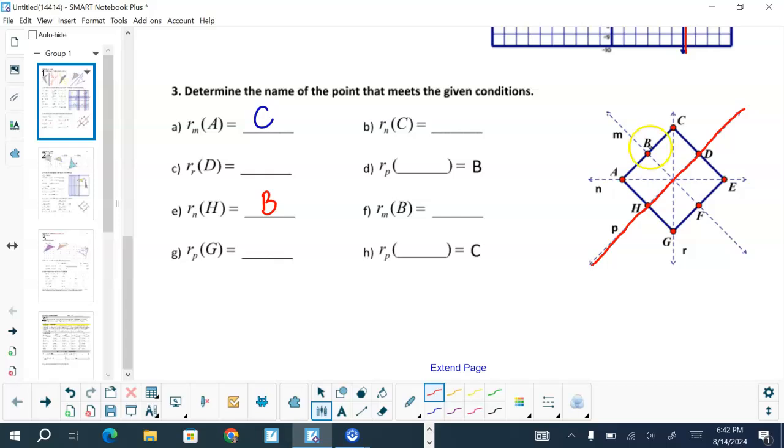So it landed at B. What point, if I took my patty paper here and I folded it along that line P, what point did they reflect to land onto B? Hopefully you're seeing it's F. So it works the same way. It's just the notation is different here because they're asking you to think about this a little bit backwards, okay?